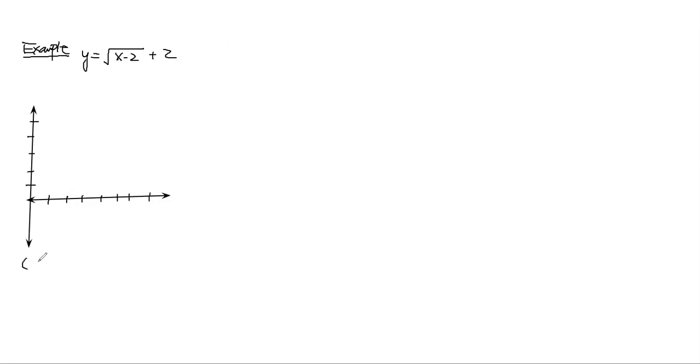Okay, we know the key point here is 0, 0, right? So 0, 0 is here. And we know the key point here is 1, 1, right? So 1, 1 is here. Then we have 4, 2, right? Those are the few points that can help us, 4, 2 here. Right, so this is a parent function, so I do a dot.